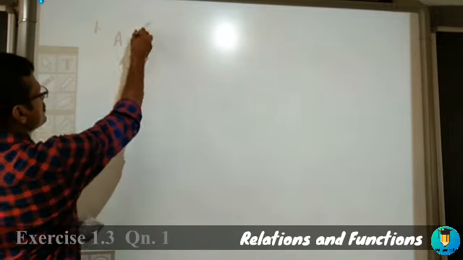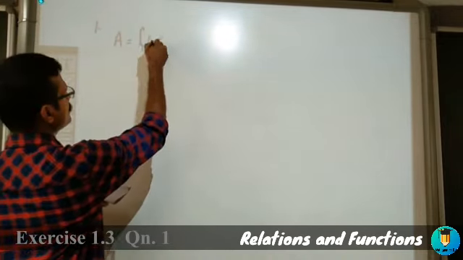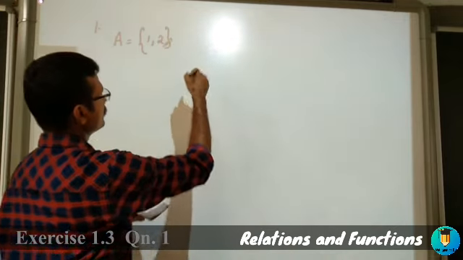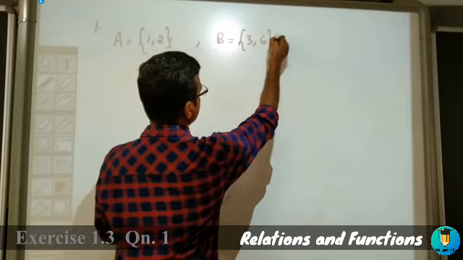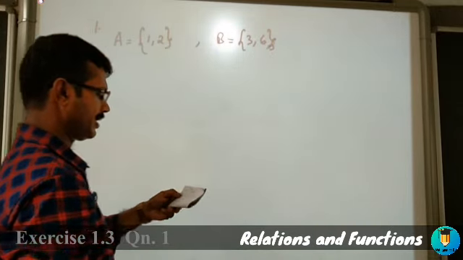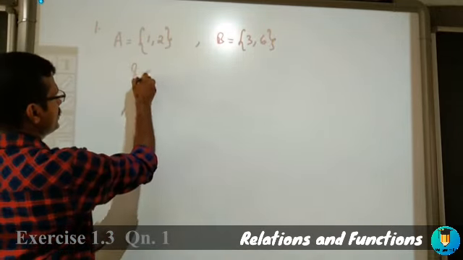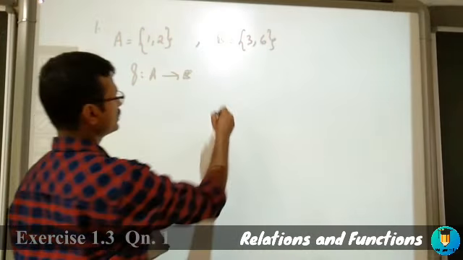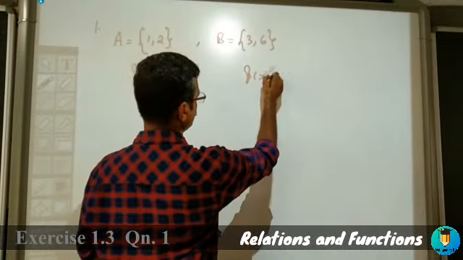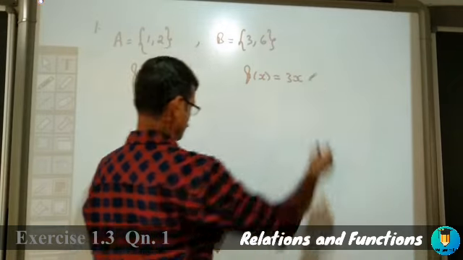It is given the set A is equal to {1, 2}, B is equal to {3, 6}, and a function f is defined from A to B. It's defined like this: f(x) = 3x.